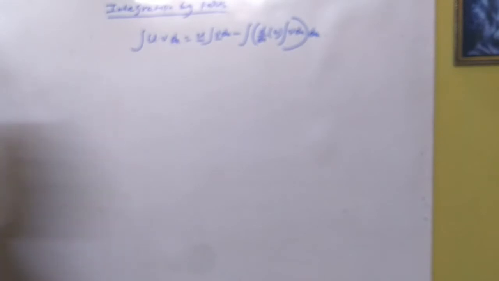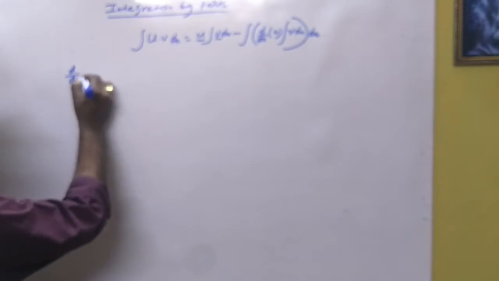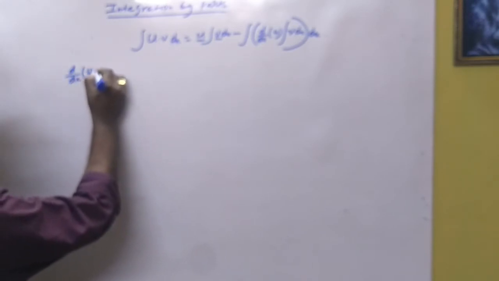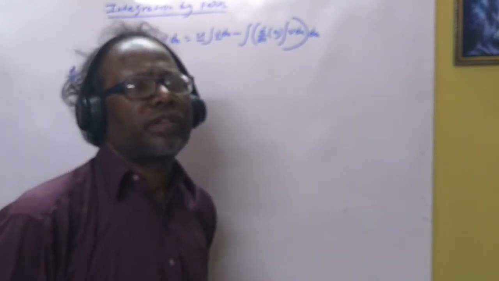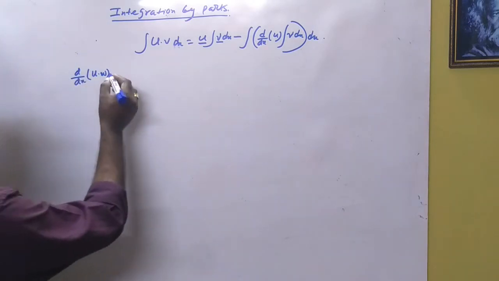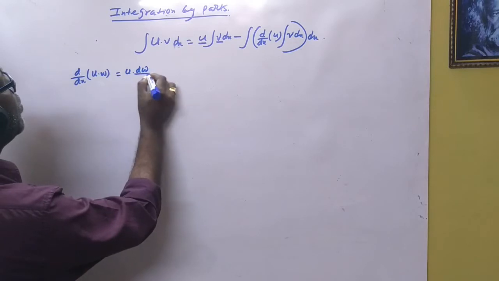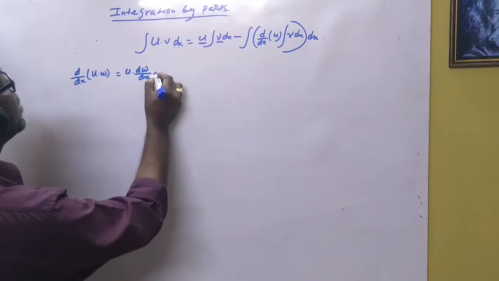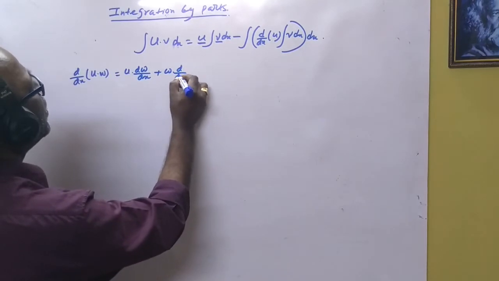Now here I want to discuss the formula, that is d/dx of uw, where u and w are two functions of x alone. Now differentiate this: u into dw/dx plus w into d/dx of u.